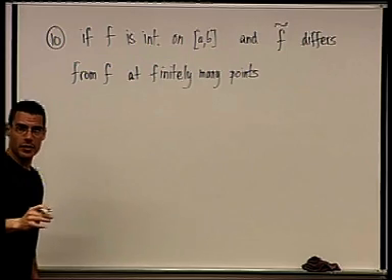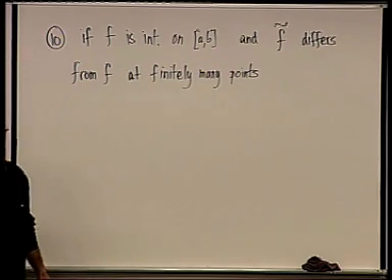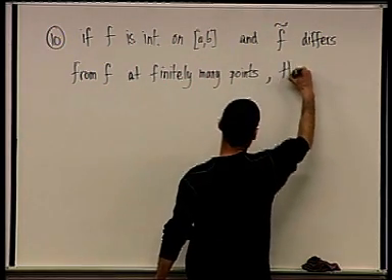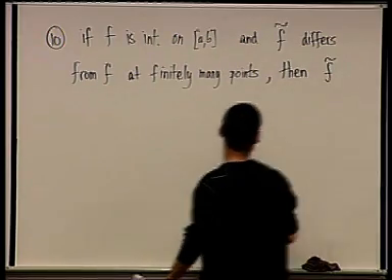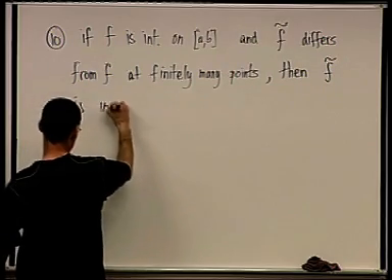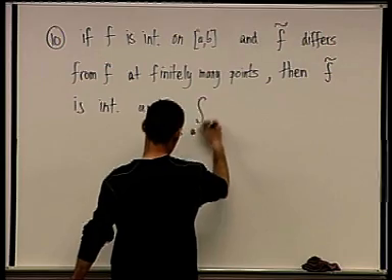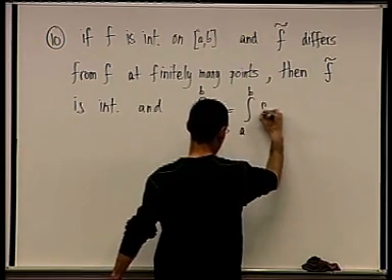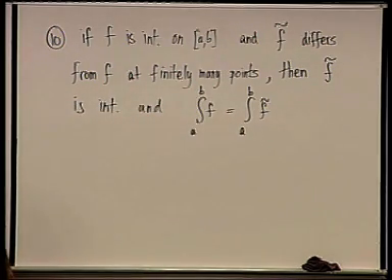So you took f and you changed its values at 1,700 points, okay, but only finitely many. Then f tilde is integrable, and they have the same integral. The integral of f equals the integral of f tilde. So by changing a function at finitely many values, you don't change the area under the graph.